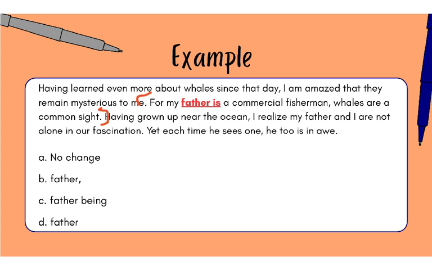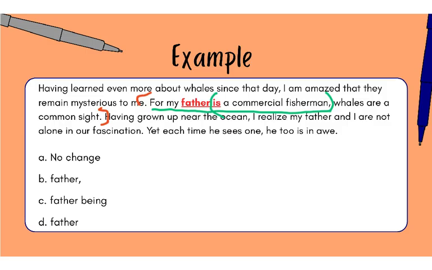Let's see if this information is non-essential. What's going on? For my father is a commercial fisherman. Whales are a common sight. What's happening here is they're trying to say my father, who is a commercial fisherman, whales are a common sight. That's the parenthetical phrase.